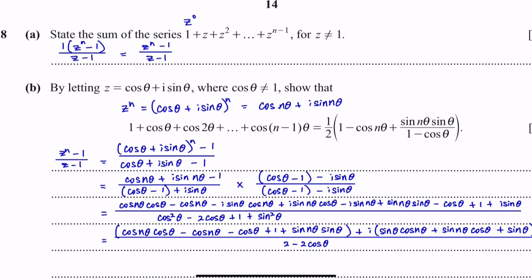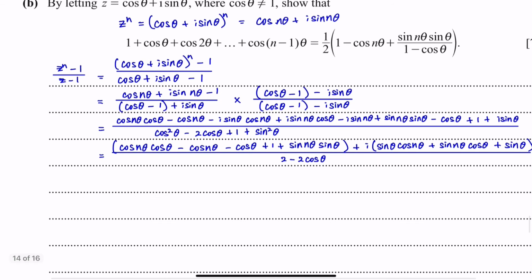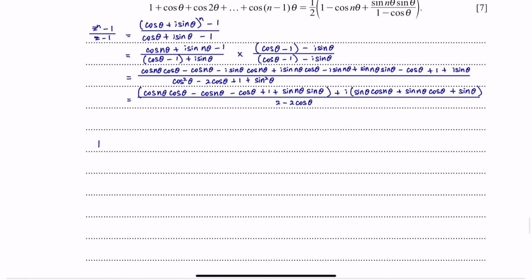And that's why the cos is actually just the real part of z^n, because sine is the imaginary part. So we know that 1 plus cos theta plus cos 2 theta all the way to cos (n minus 1) theta is just the real part of 1 plus z squared all the way up to z to the n minus 1.